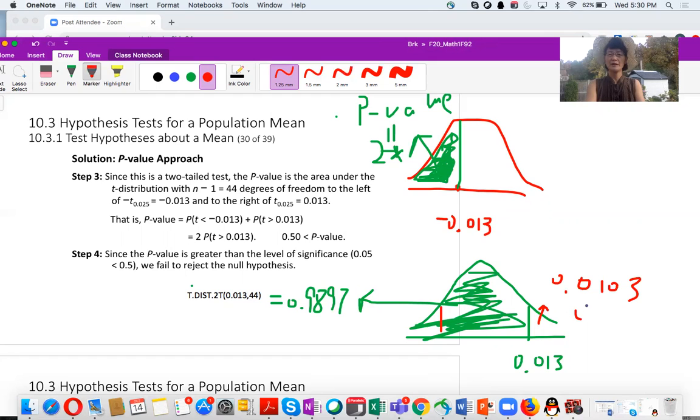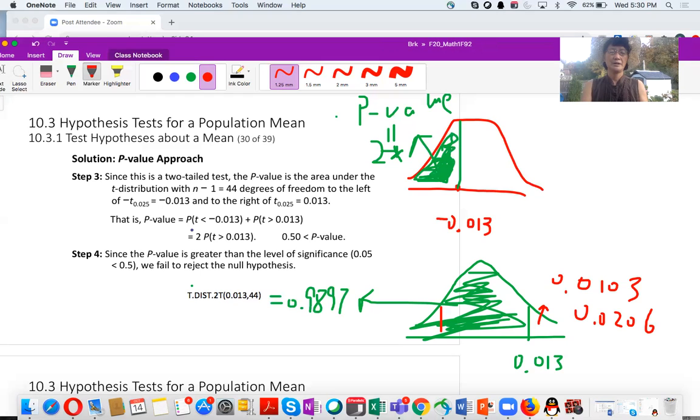Yes, so p-value is 0.0206, and this p-value looks like this is not the p-value. Let me see what's going on here. Okay, we get a test statistic. We need to find the p-value.